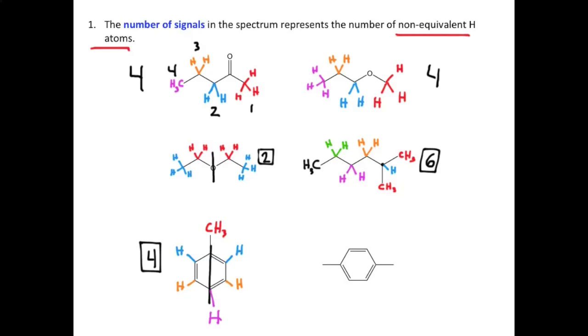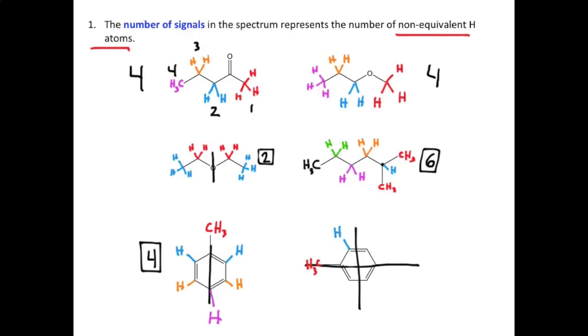And another example here, again we can look at symmetry elements. Now this molecule is symmetric in 2 different directions. So if we draw in our hydrogens again, here's our methyl in red, and we have a hydrogen in blue.